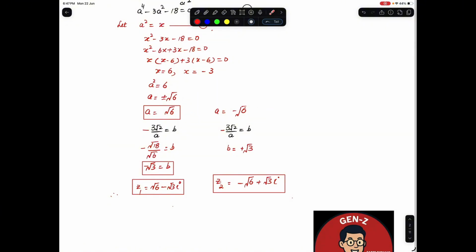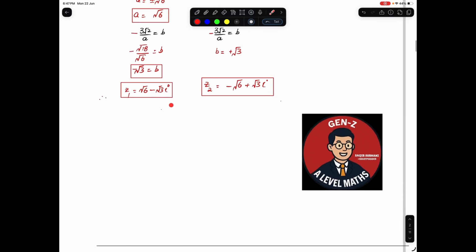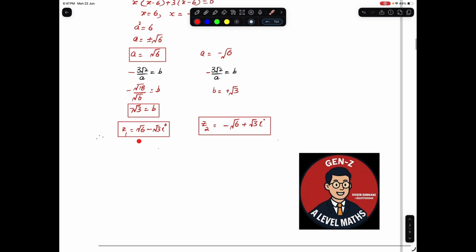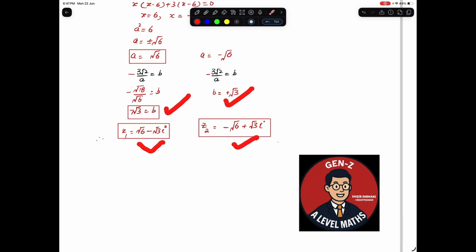By putting these values of a over here, you will get the two corresponding values of b, so you will get two complex numbers: under root 6 minus under root 3 iota, or minus under root 6 plus under root 3 iota.